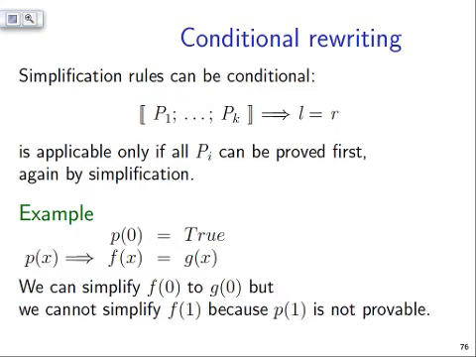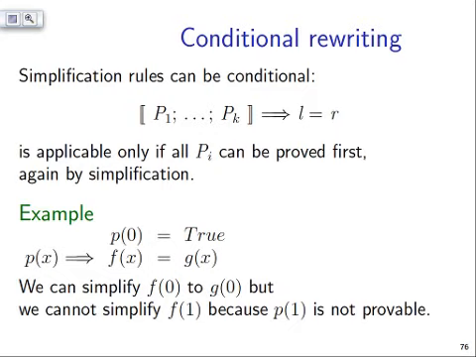On the other hand, if you try to simplify f of 1, then it'll just stay unsimplified, because it'll try to use this conditional equation, and then it'll say, oh, I now have to prove p of 1, but with those two equations you can't prove p of 1, and therefore f of 1 is left alone and is not changed.